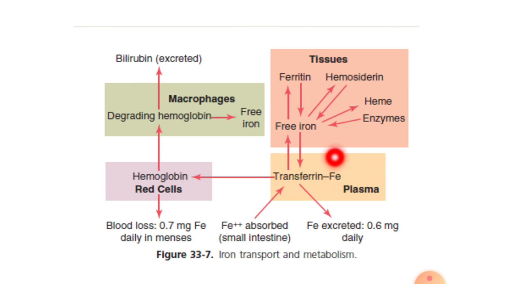This transferrin, in which the iron is loosely bound, is carried to a specific receptor on the cell membrane of the erythroblast, and then it enters the erythroblast by endocytosis. Within the erythroblast the iron is delivered into the mitochondria to synthesize hemoglobin.